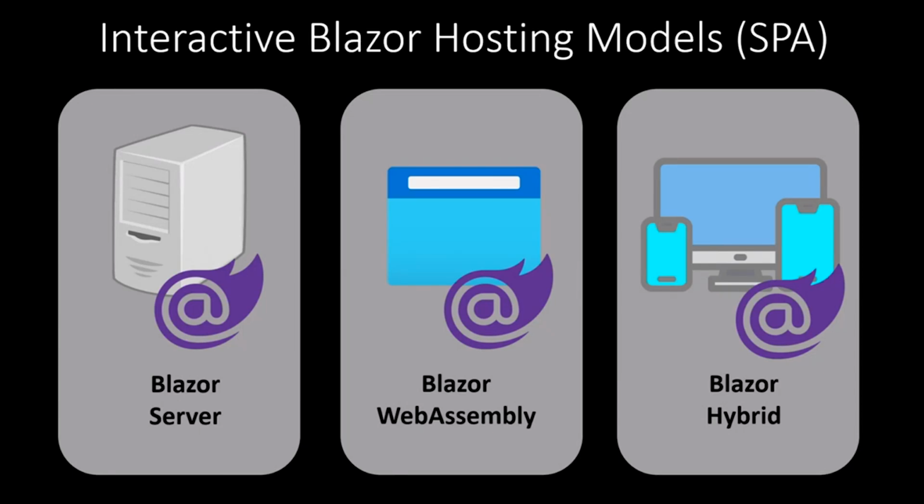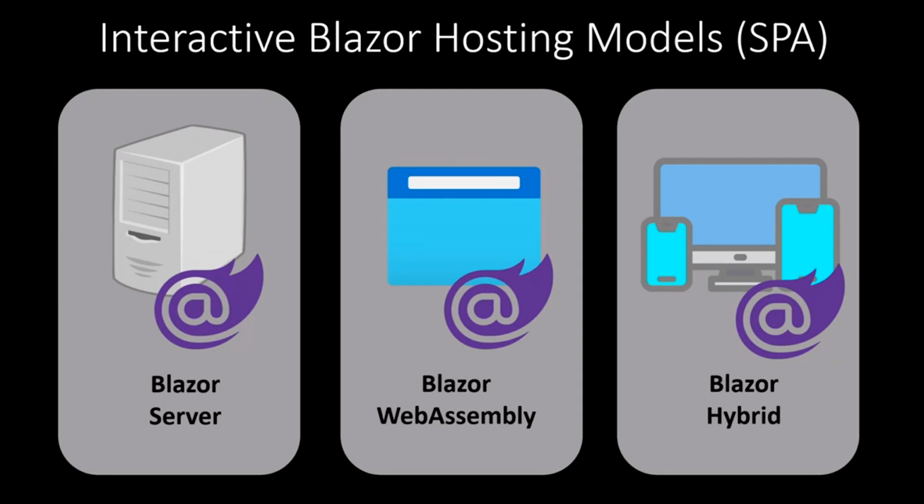So now you had these two options for building web applications. You could choose to host them on the server, or you could choose to run them directly in the browser. Later, when Microsoft shipped .NET MAUI, they added support for an additional hosting model, and this was Blazor Hybrid.